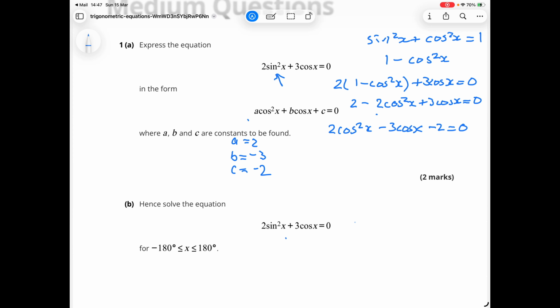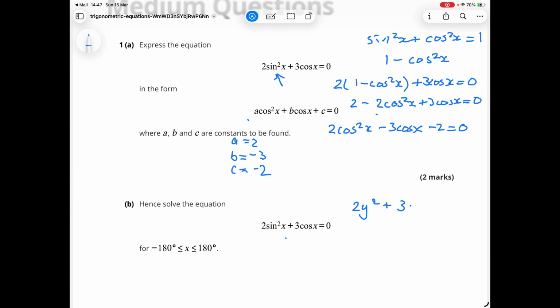We're going to solve this equation by making cos x equal to y.